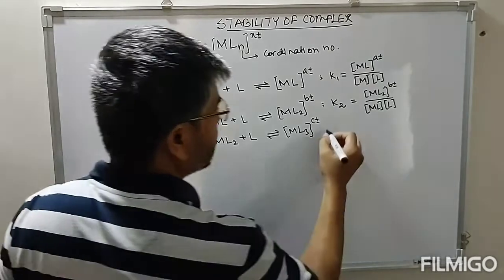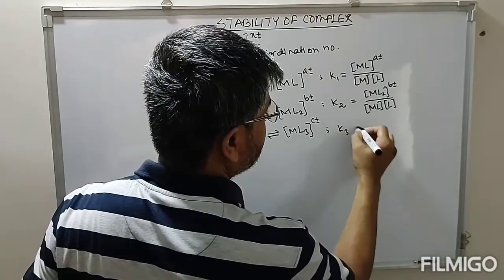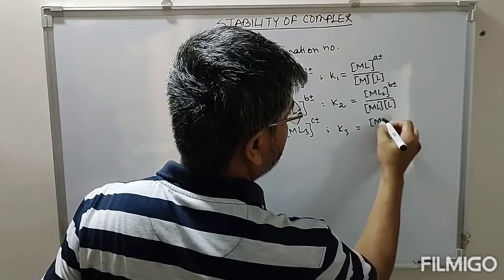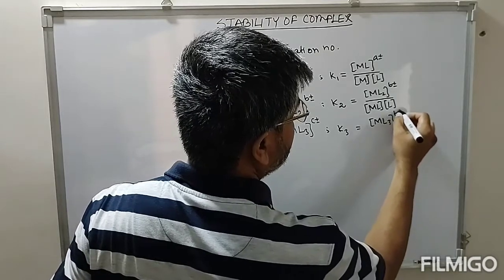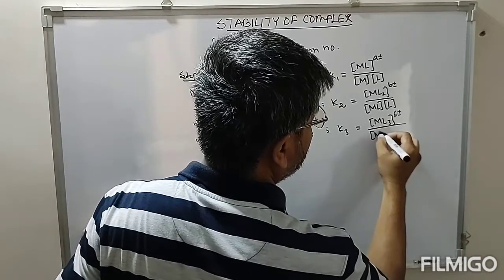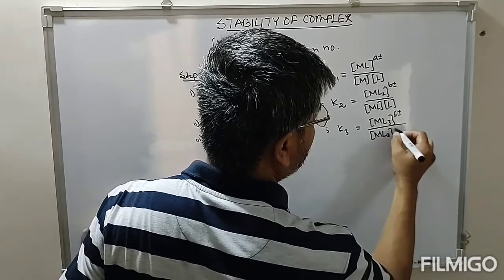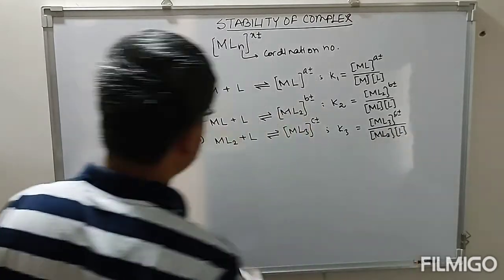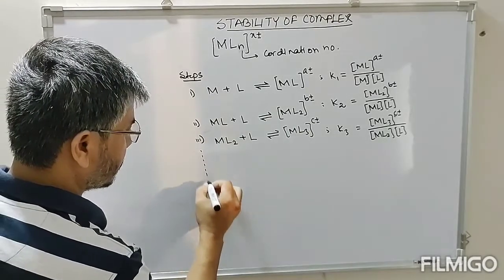This being the charge, we can have K3, that is the concentration of ML3 divided by ML2 into concentration of ligand. So this keeps on going.